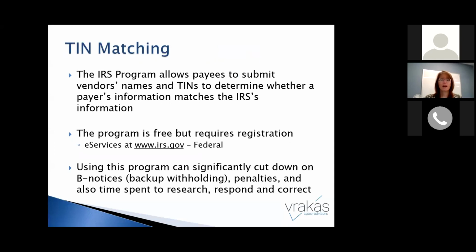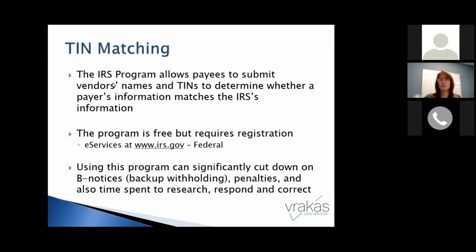To make sure you're matching the IRS documentation, there is a TIN matching program that you can look into, to make sure that what you're entering on the 1099 matches what the IRS has, to avoid those penalties. There's some setup information.